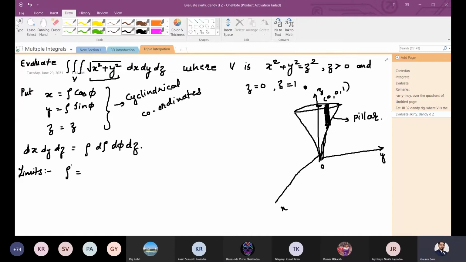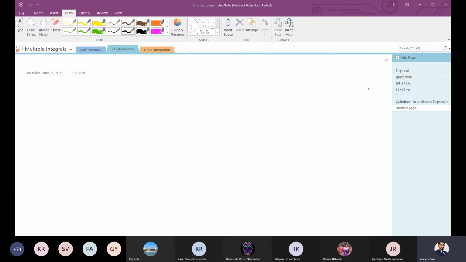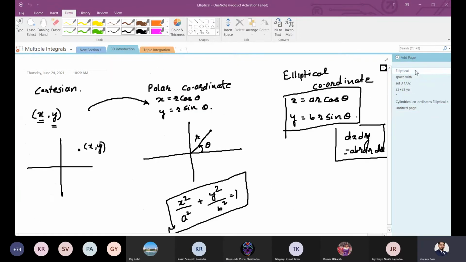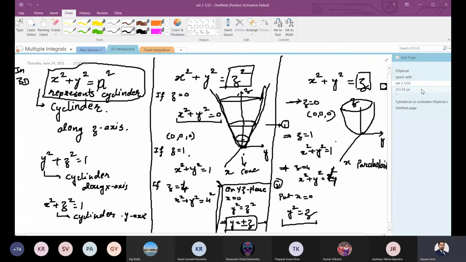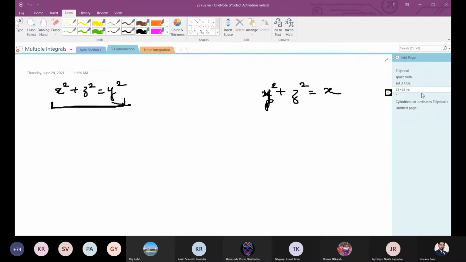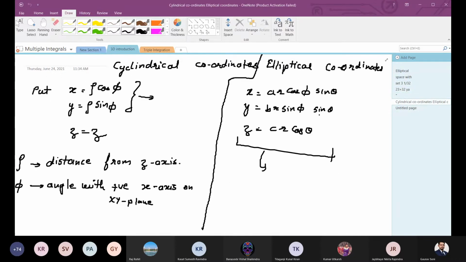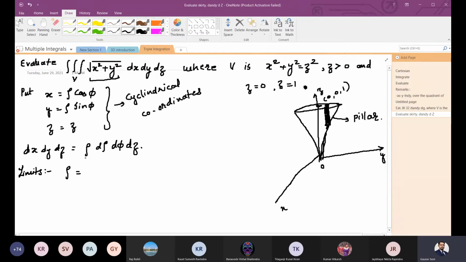For that, you need to understand what is rho. I'll go to the previous page. What is written here on the screen? Rho is the distance from the z-axis.